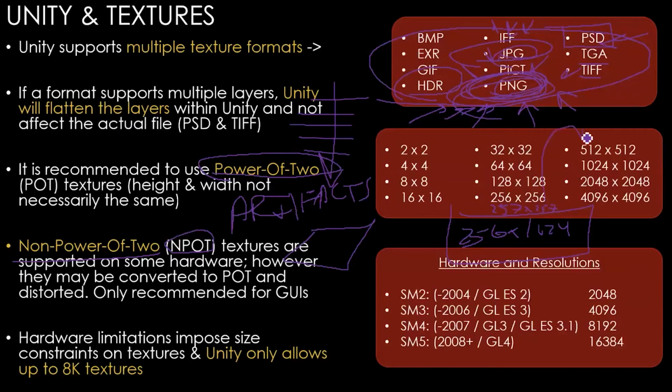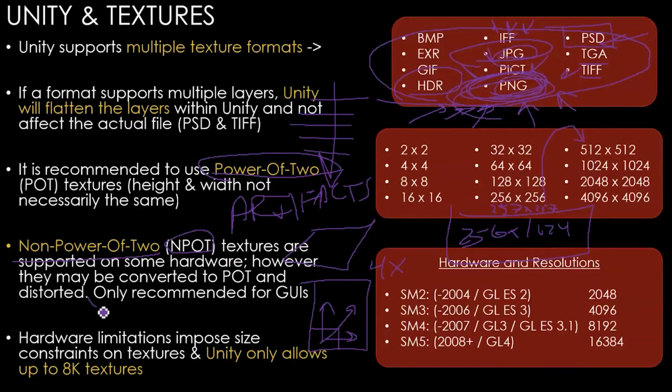Instead, it will make it 512 by 512, right? So what you had was a 256 image, now taking up 4 times as much space because now it's been scaled up to a 512 by 512 image. So that's a great way of completely destroying your memory footprint there. So I recommend just stick to powers of 2.